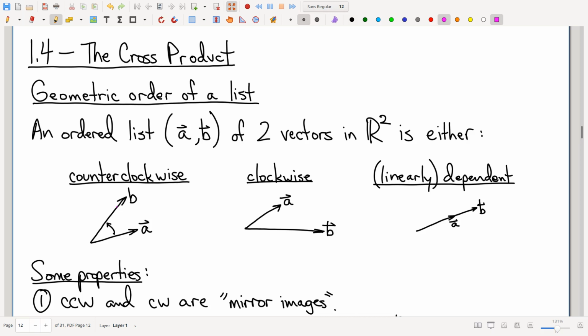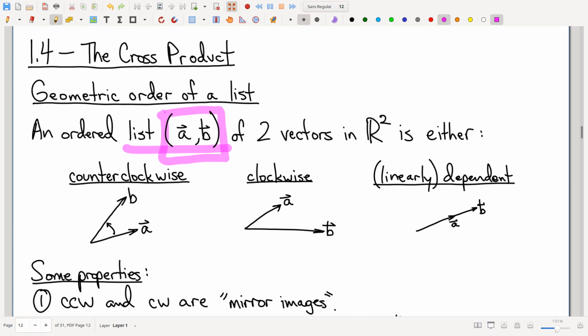All right. Okay, so starting with what I'm going to call the idea of the geometric order of a list. Starting with the idea of what is a list. A lot of people mistakenly conflate a list with a set. That's not okay in this situation for a couple of reasons, actually. But the key point, the most important point here, is that these are in order.